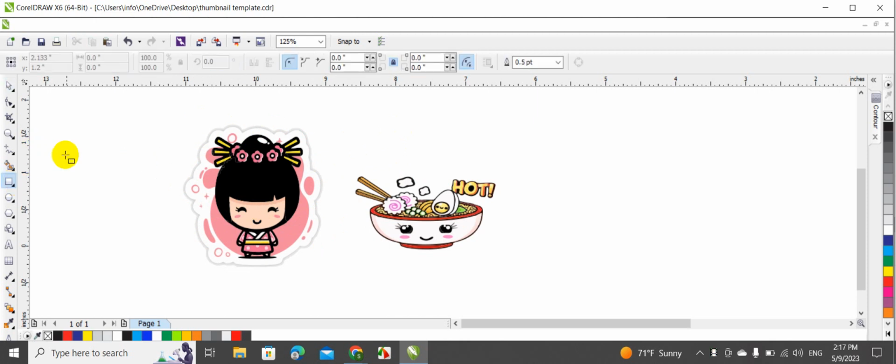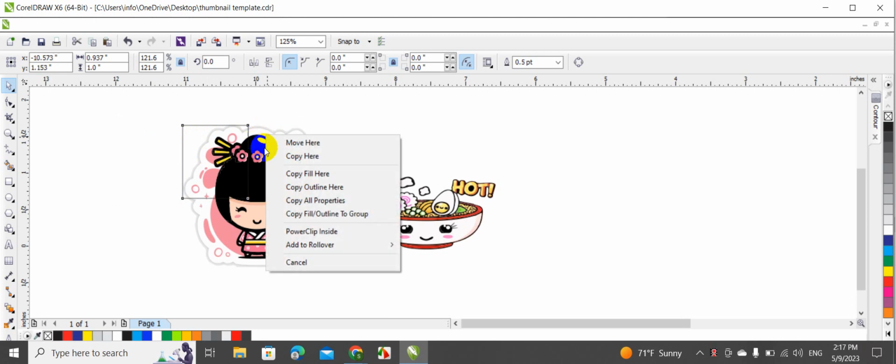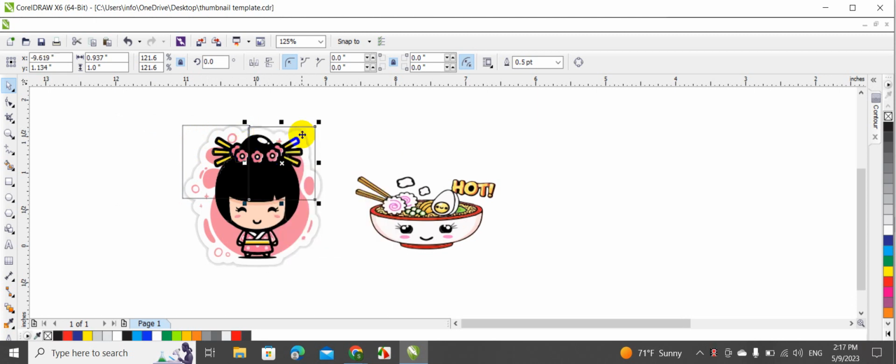Let me make this clear. Let's make this square 1 by 1 inch, so this represents a square inch, so you can see what I mean. If you put them together right here, that's 2 inches.